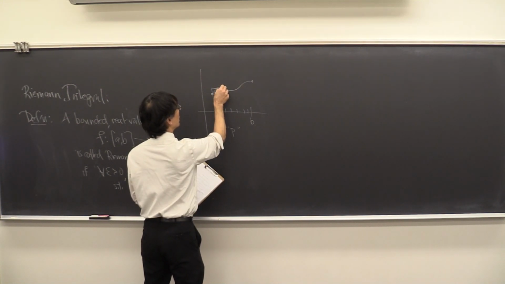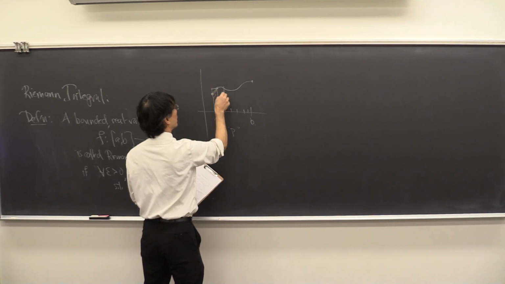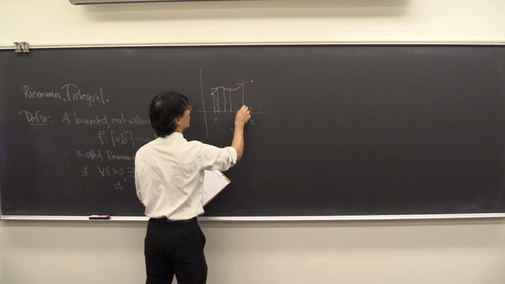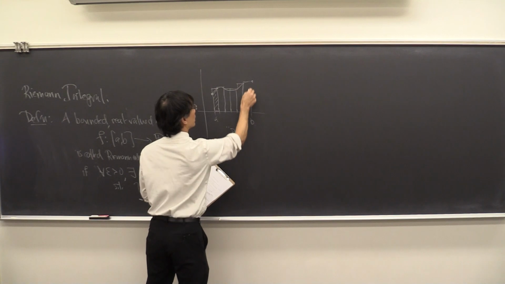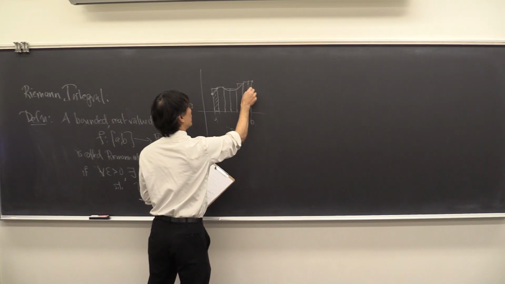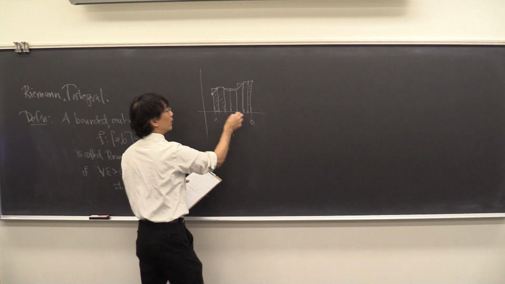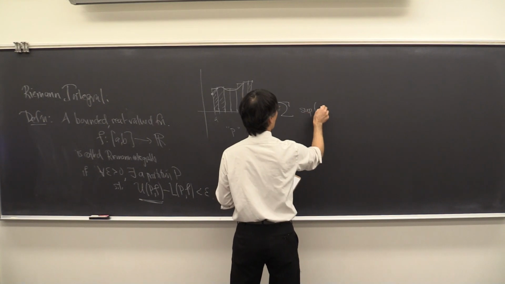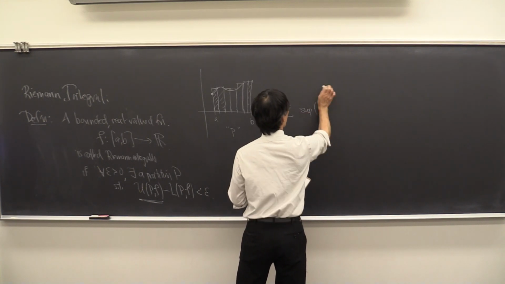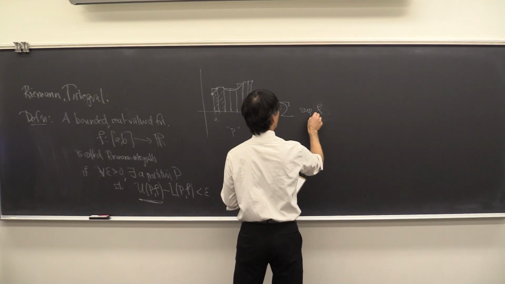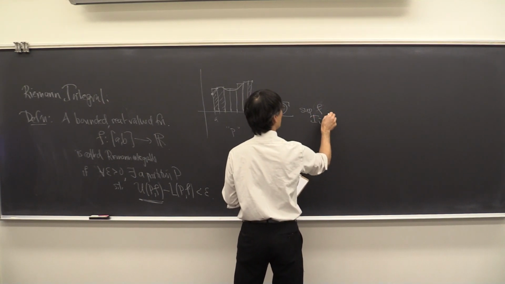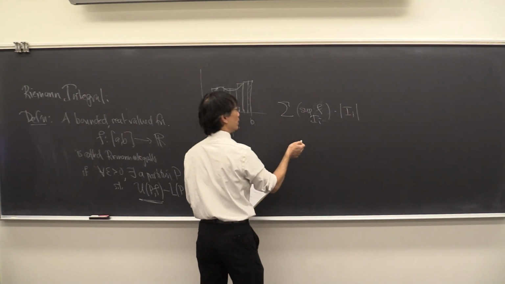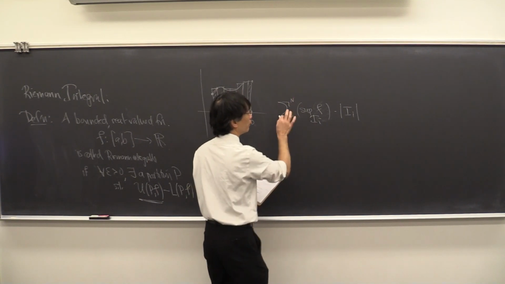So in this one, the supremum occurs here, here, here, here, and here. So this would be the sum of these values: the supremum of the function over that interval, times the width of the interval, over the partition.